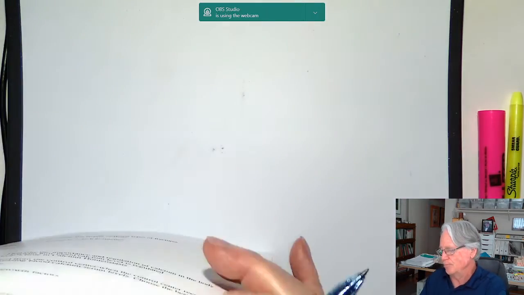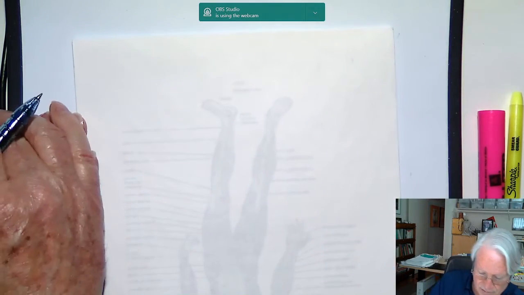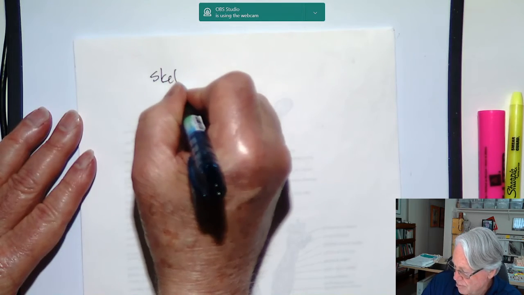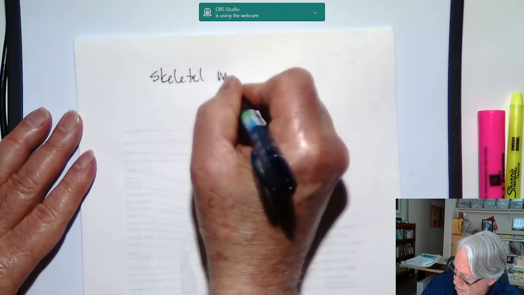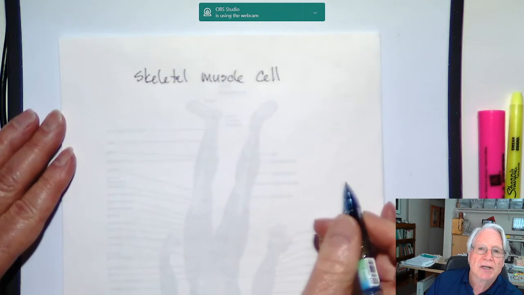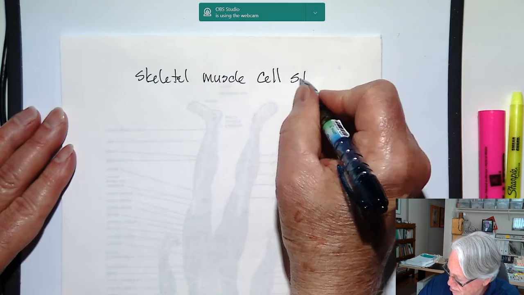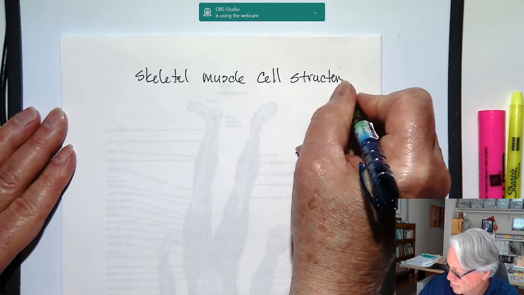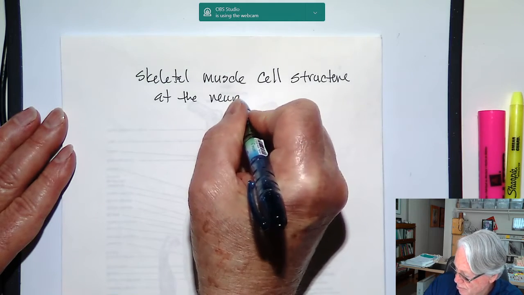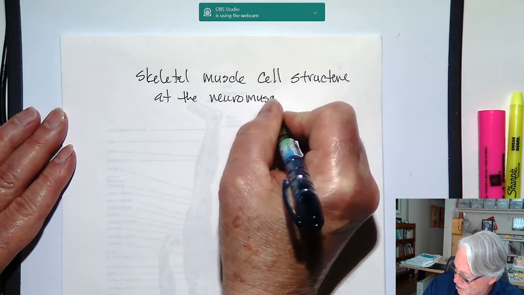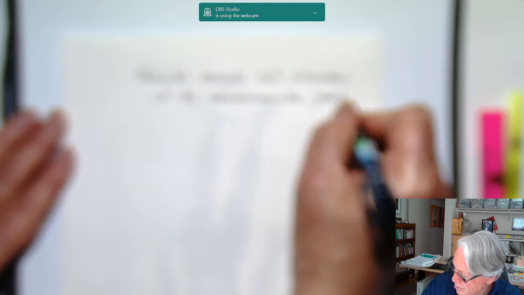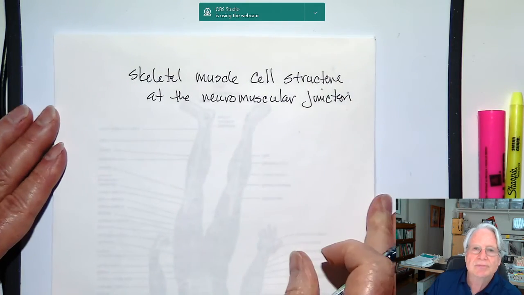So, skeletal muscle cell structure at the neuromuscular junction.